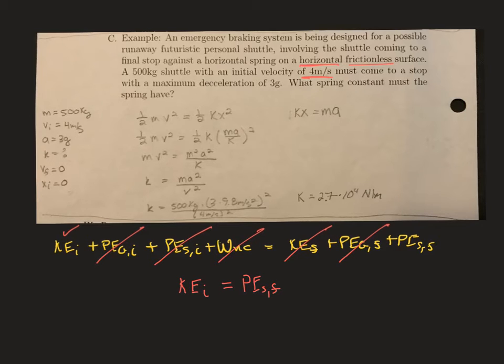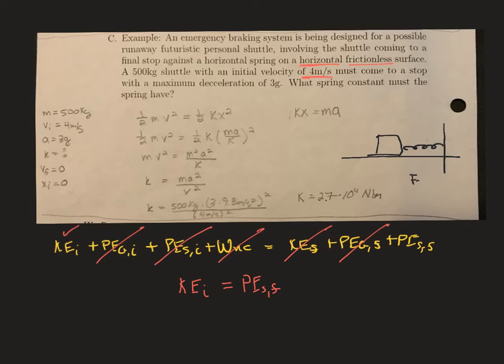So we have our wall with our spring sticking out, and the cart is going to hit this spring and compress it. So imagine I can actually draw, and this is sitting on that horizontal surface. If you look in the x direction, because we're not worried about the y direction, because the spring is horizontal and not vertical, the only force acting on the cart as it comes to a stop is the spring force.